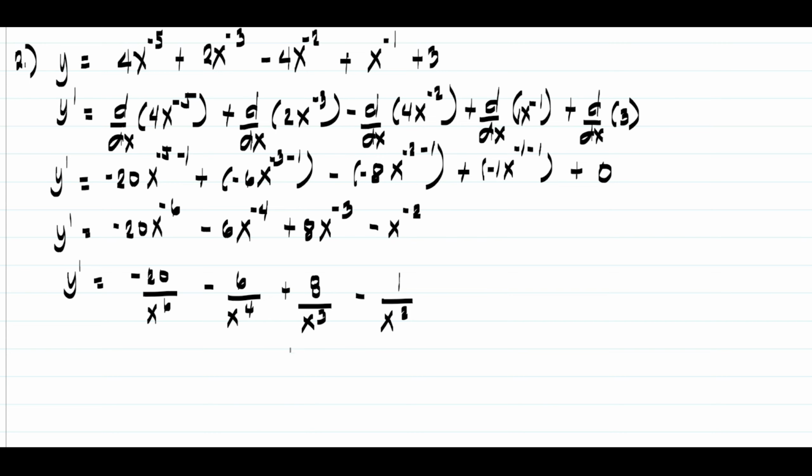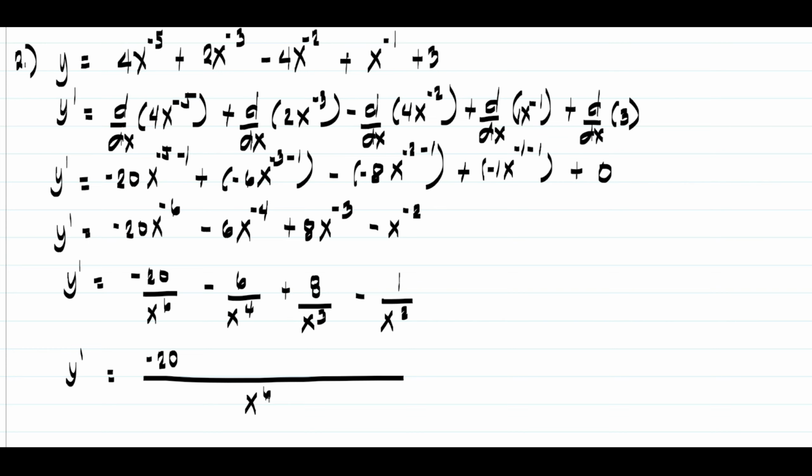Since the highest exponent is x raised to 6, we are going to have x raised to 6 as the denominator, or the LCM of the denominators. x raised to 6 divided by x raised to 6 is 1, and then multiplied by negative 20, that is negative 20.